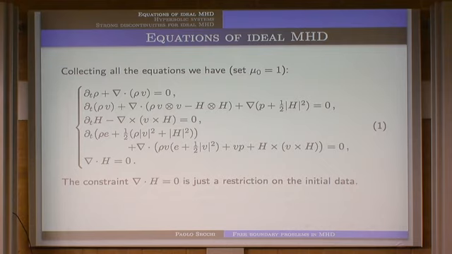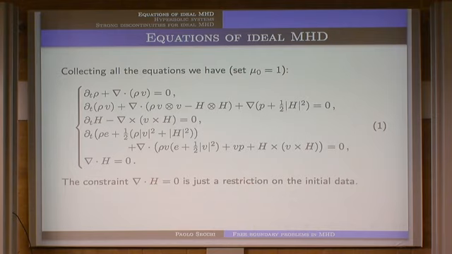Okay. We can drop the last equation from the system, because this is a constraint that can be seen just as a restriction on the initial data. In fact, at the initial time H is solenoidal. From here, we take the divergence of the system, and we get that the time derivative of the divergence is 0.